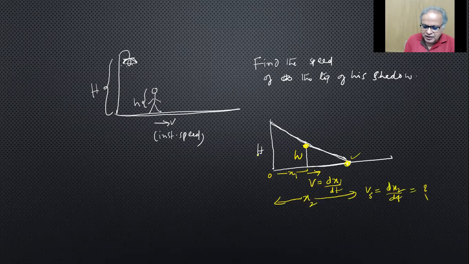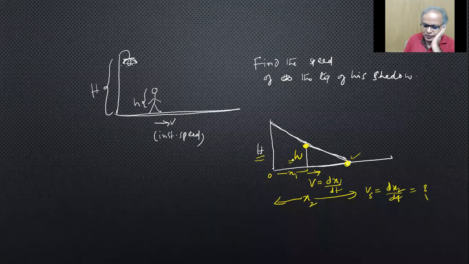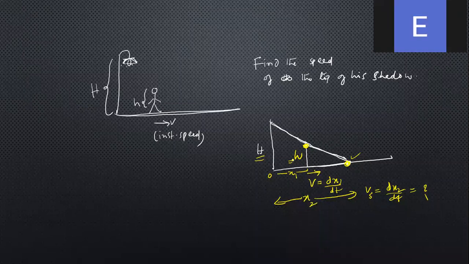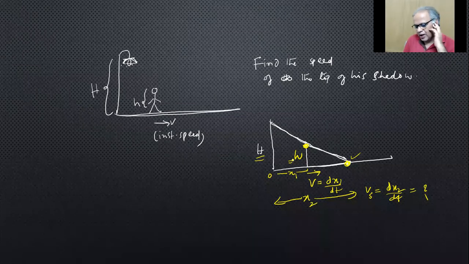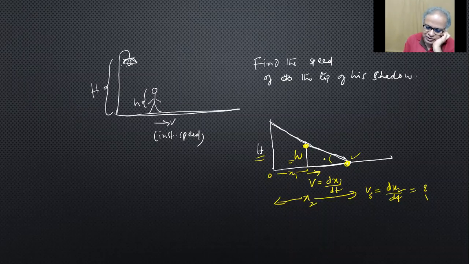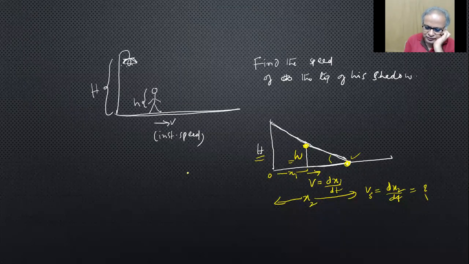In terms of h and h, because these are the given things. If you know the properties of similar triangles, you can straight away write. If you want to use trigonometry, you will say tan theta equals h by x2, right?